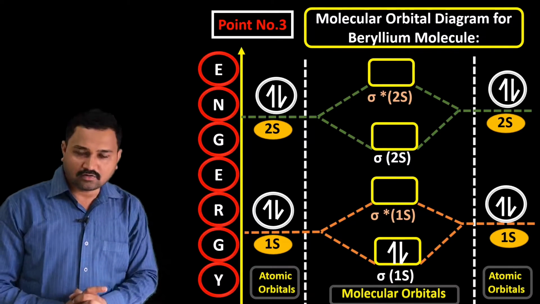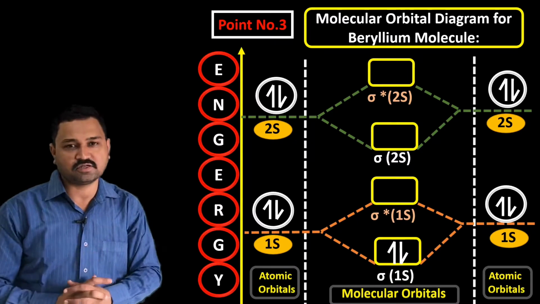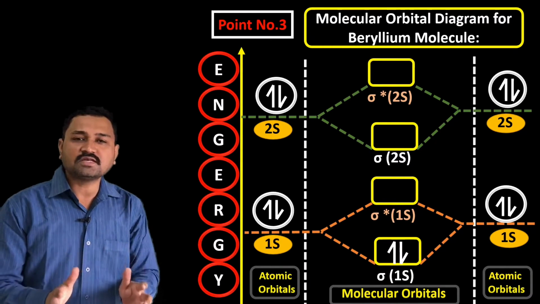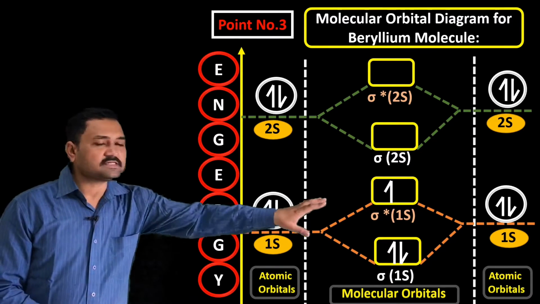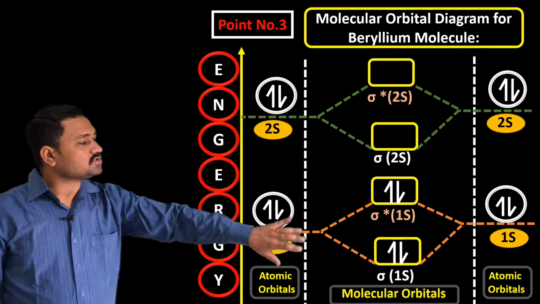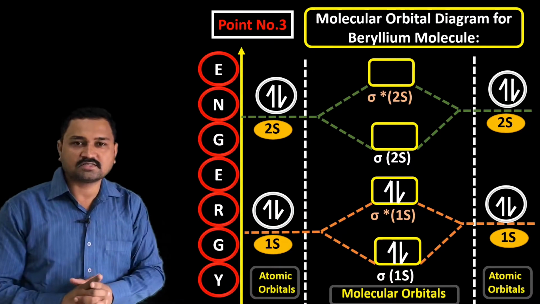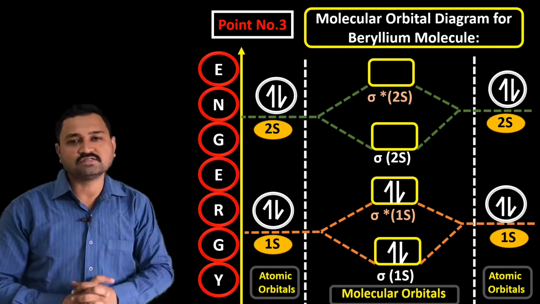Out of 8 we have already distributed 2, so 6 electrons are remaining. Again, out of 6 electrons, 2 will enter the sigma star 1s anti-bonding molecular orbital, so only 4 are remaining.